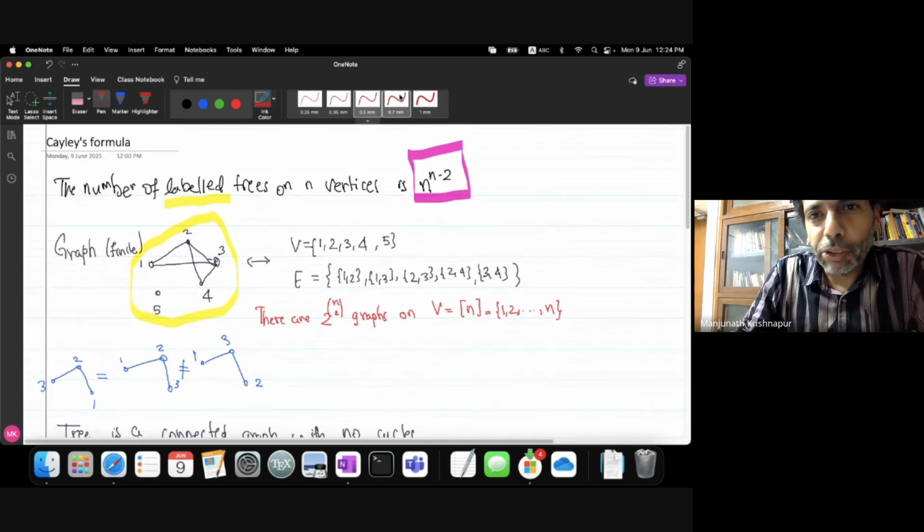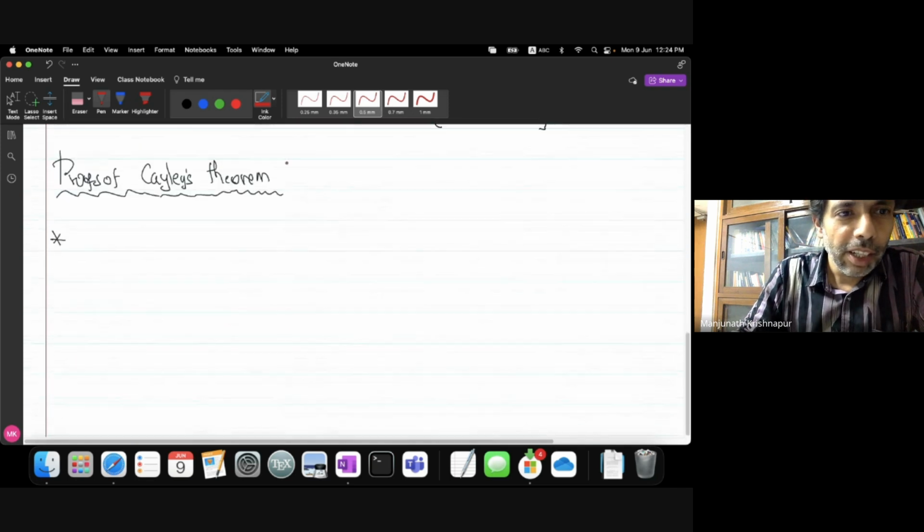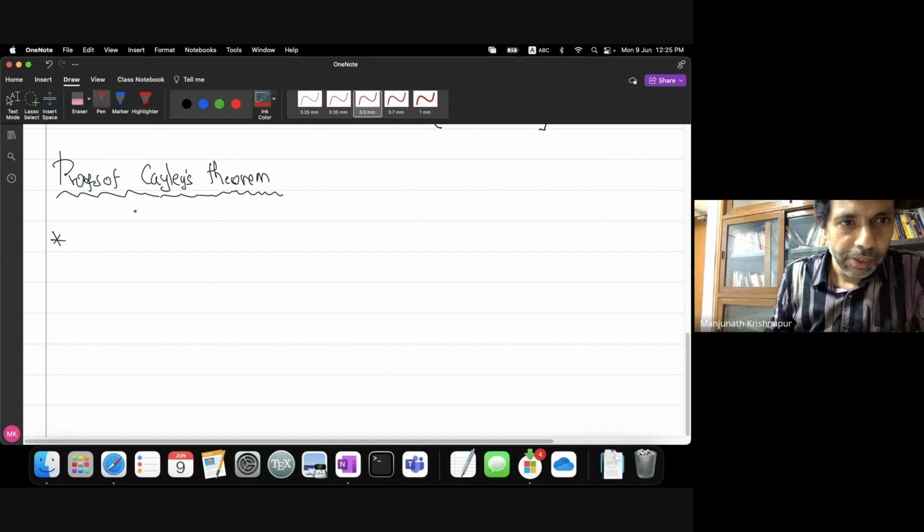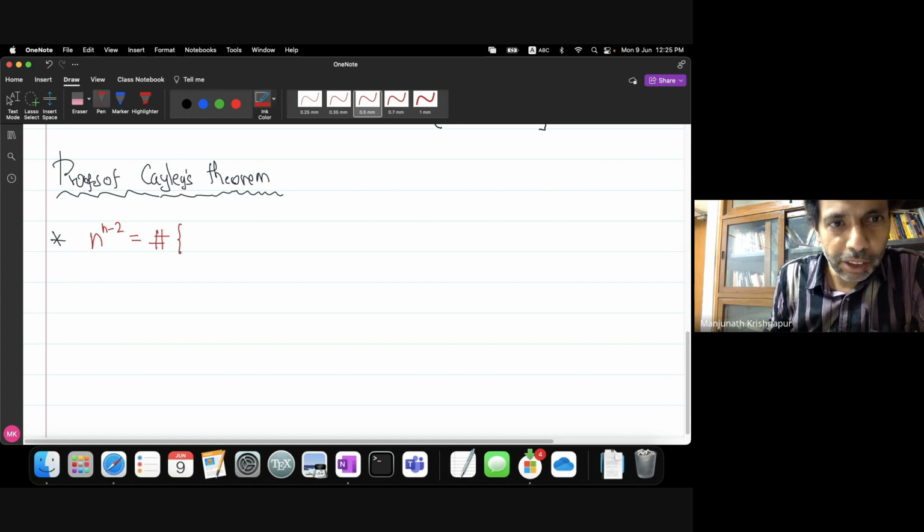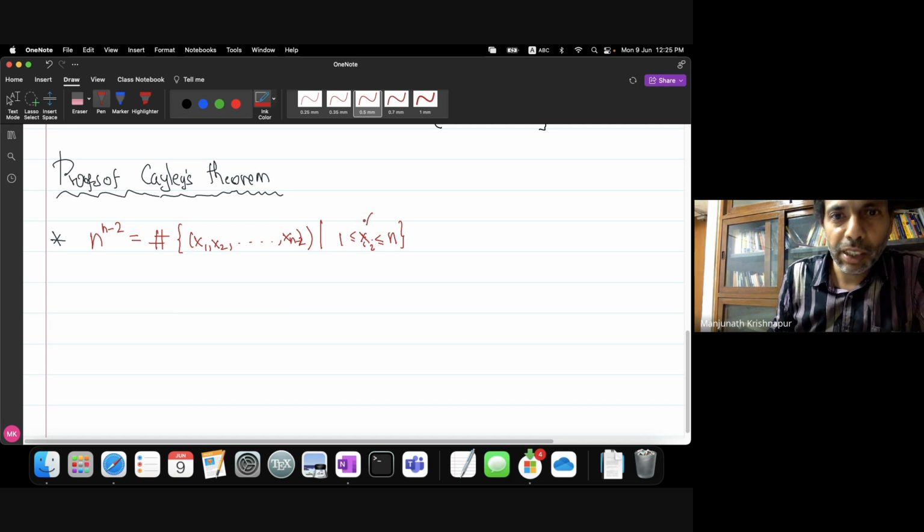So n to the power n minus 2 is the number of tuples x1, x2, up to x n minus 2, such that 1 is less than or equal to xi, which is less than or equal to n, integers.